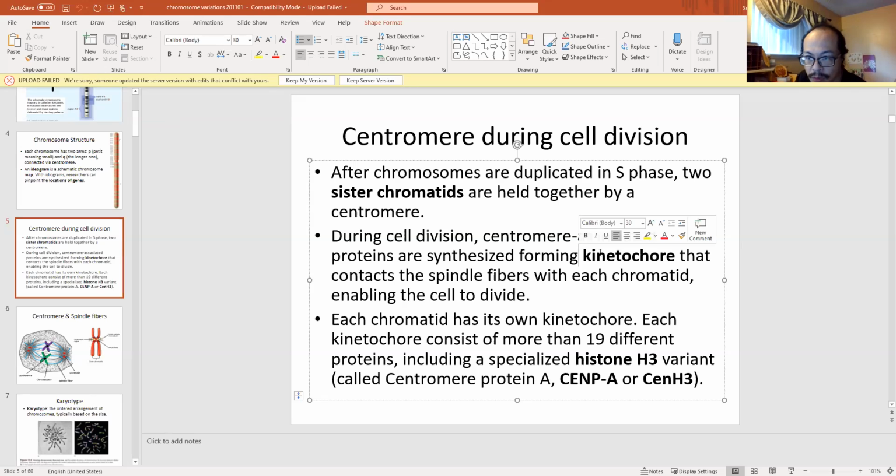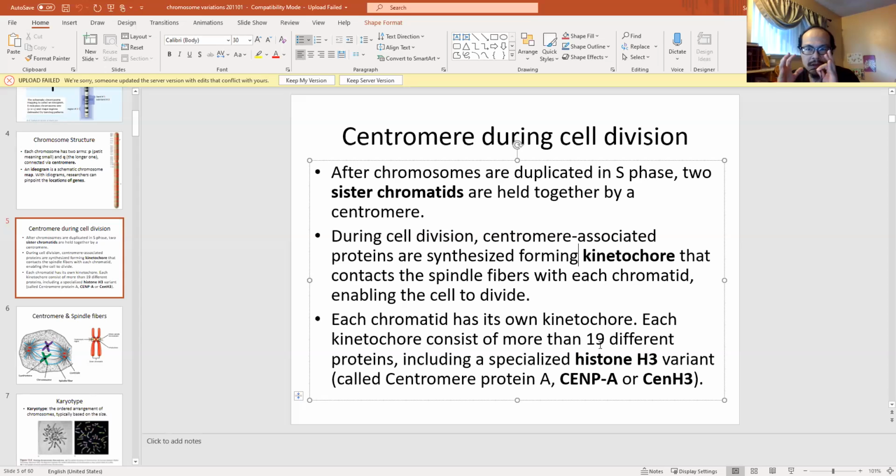These kinetochores are protein complexes that include more than 13 types of proteins, 19 actually. It varies depending on the chromosome. Different types of chromosome may have a little bit of variation of this kinetochore. And this is an important functional protein complex that provides the division of two sister chromatids.